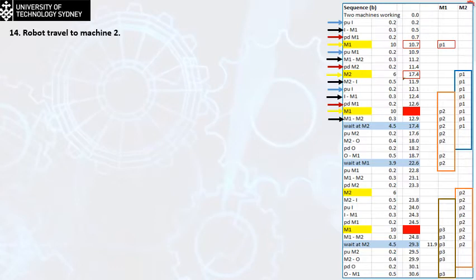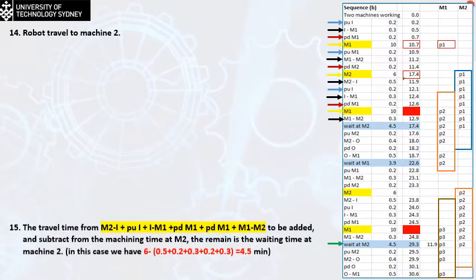Then we travel back to machine number 2, and this will make it something about 1.5 minutes. So totally, since we left the part at machine number 2, we spent 1.5 minutes. The machining time at machine number 2 is 6 minutes, subtracting, and we're going to have 4.5 minutes waiting time until part number 1 is done on machine number 2.